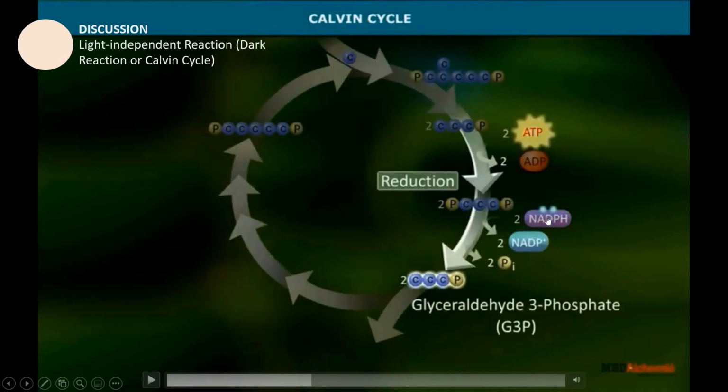So, ang NADPH, pupunta siya to each of those two molecules, tapos magiging NADP plus siya. Tapos, maglulus ang dalawang molecules na yun ng tagi-isa nilang phosphate. So, makikita mo dito, merong isang free phosphate for each of those two molecules. So, ilang piraso ng glyceraldehyde 3-phosphate or G3P ang meron tayo? We have 2 pieces.